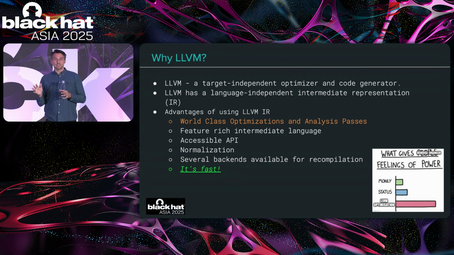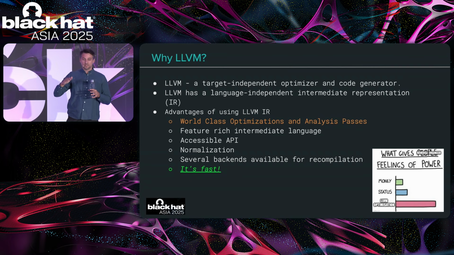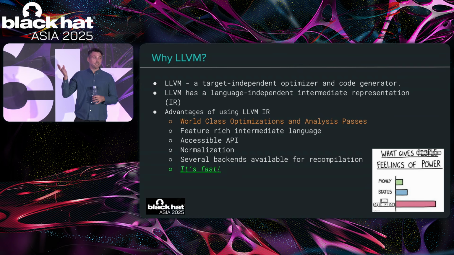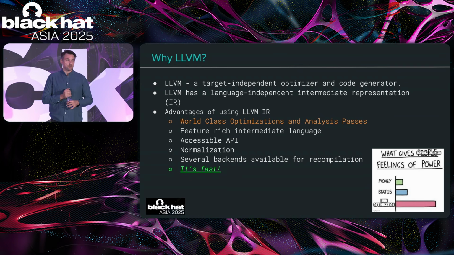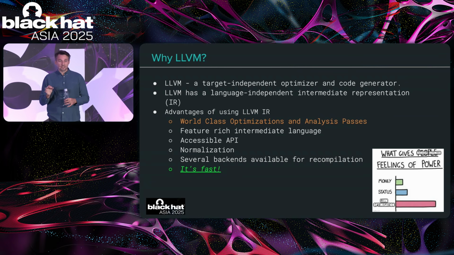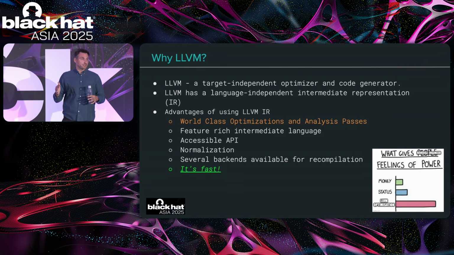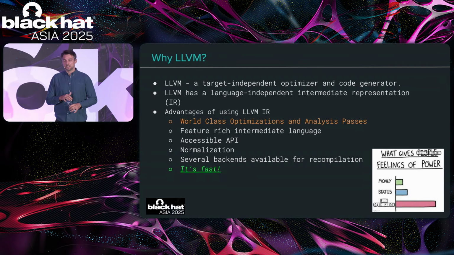After optimization, you can see the code as normalized because all those passes basically always generate the same code, so it's quite useful if we want to do some pattern matching afterwards. It also has several backends for recompilation, so once you're in LLVM IR, you can always go back to native to execute the code. And it's fast, because in obfuscation, we deal with heavily obfuscated large functions, so we need tools that can handle it. And LLVM is made for it.